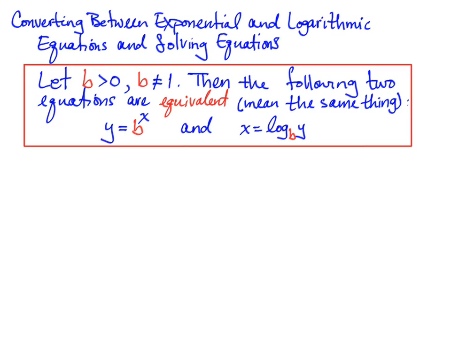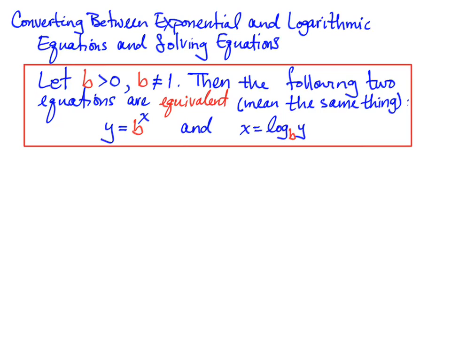So let's look at these two for a minute. The numbers y, b, and x in both equations are the same thing. In the exponential equation, x is the exponent, right? It's the exponent we have to raise b to get the number y. So basically, in the equation on the right, we're saying that the logarithm of a number base some other number is really the exponent.